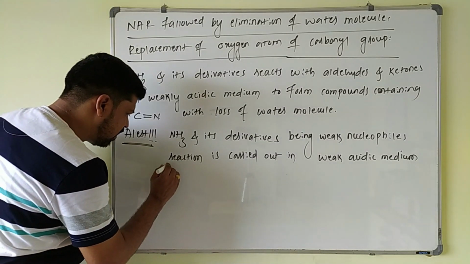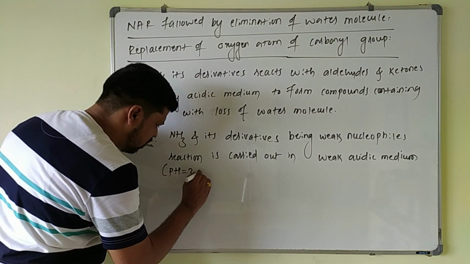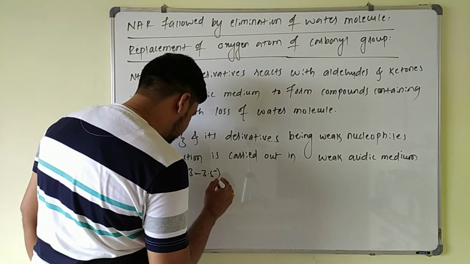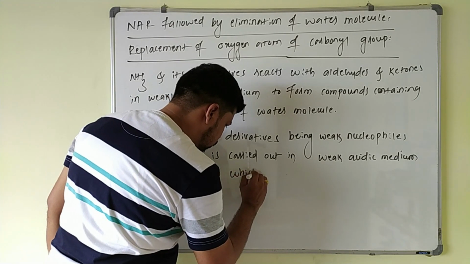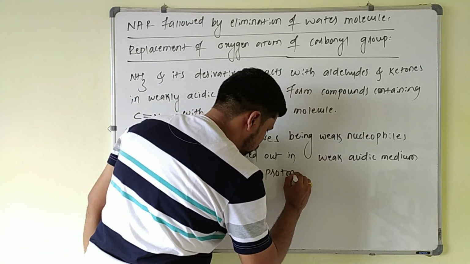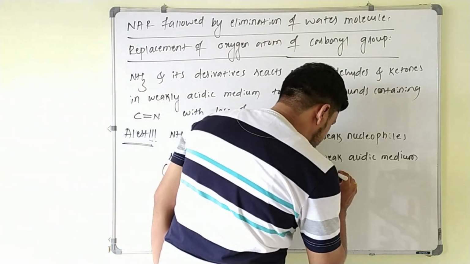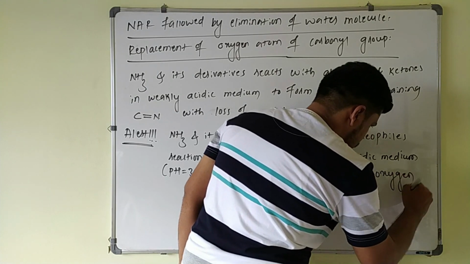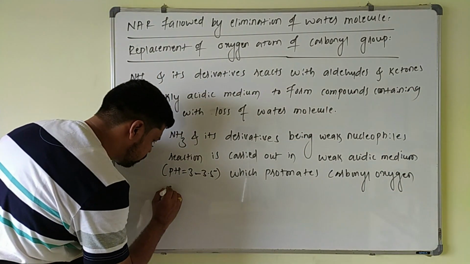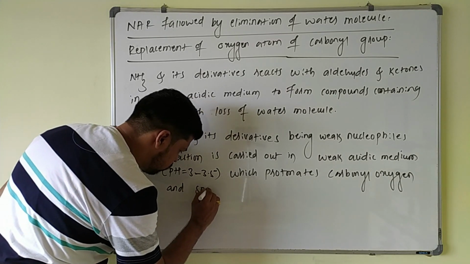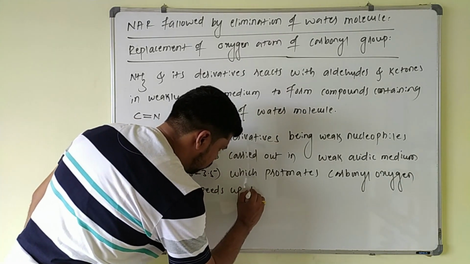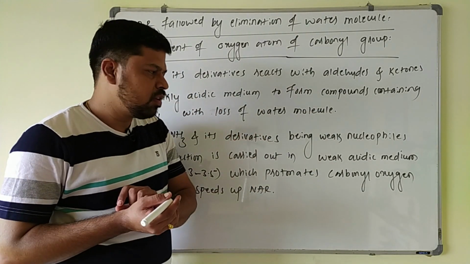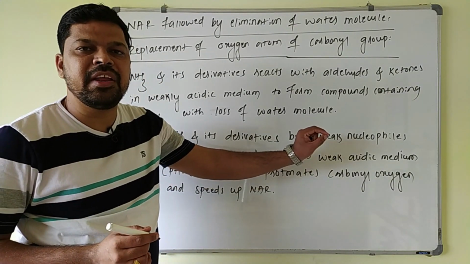The pH of the acidic medium is around 3 to 3.5 you have to maintain. Weak acidic medium protonates the carbonyl oxygen and speeds up the nucleophilic addition reaction.